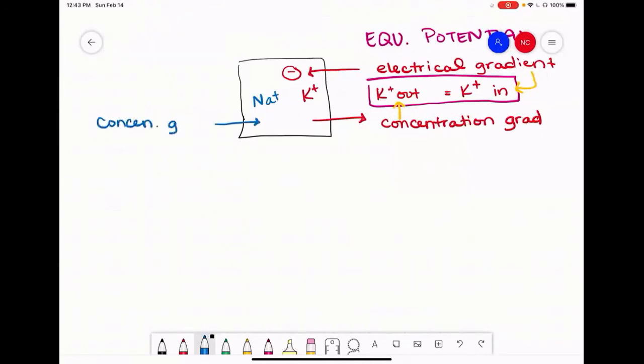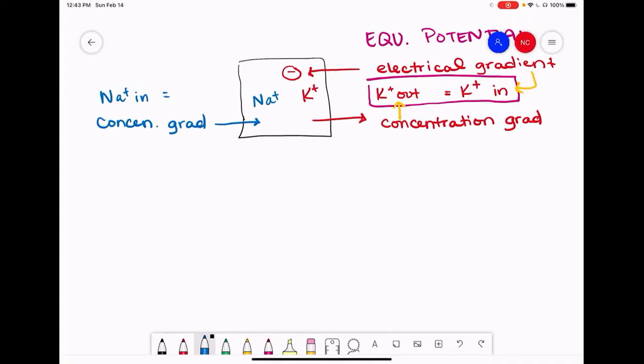Okay, and I'm going to abbreviate just so I don't run out of room. But the concentration gradient is going to pull sodium into the cell. So we can associate that with sodium in, right? And then as we are drawing sodium in, the cell is like, oh my, we're getting way too positive in here.